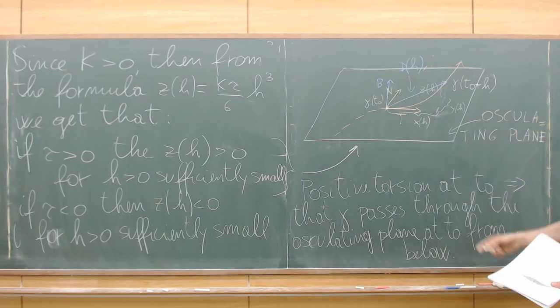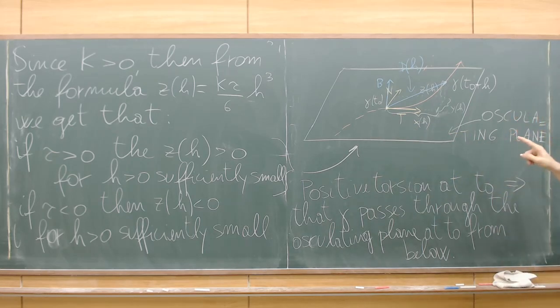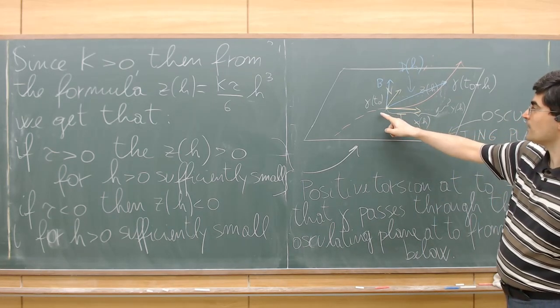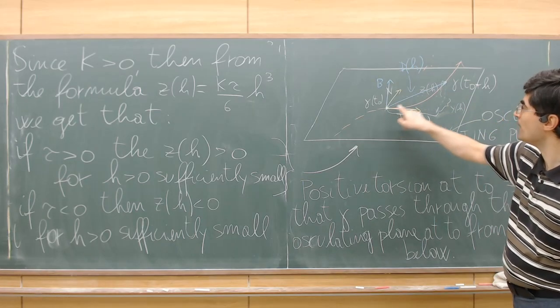So this sentence means that at the point t0, the trace of the curve gamma passes through the osculating plane from below to above.